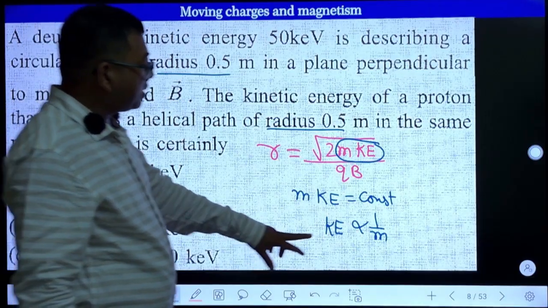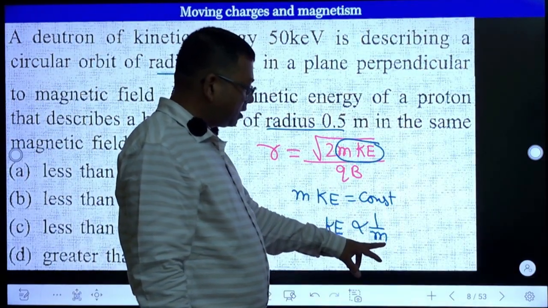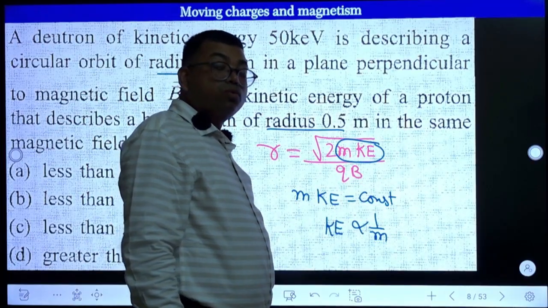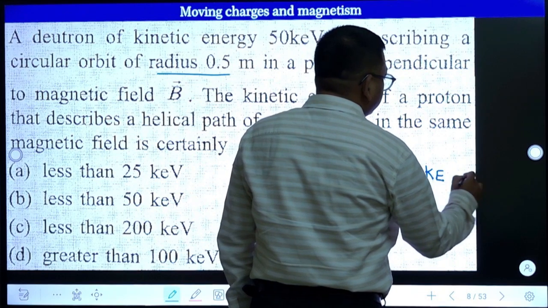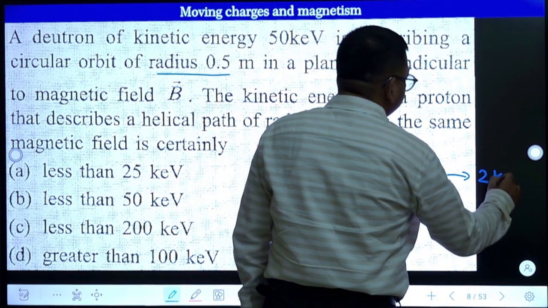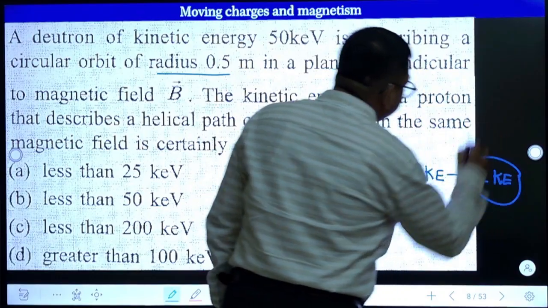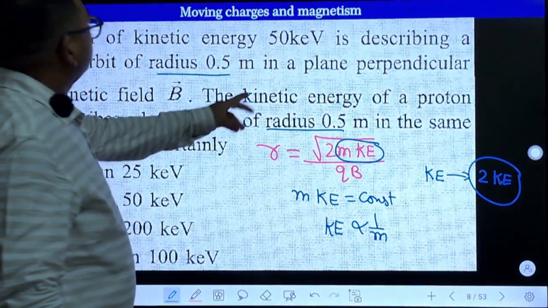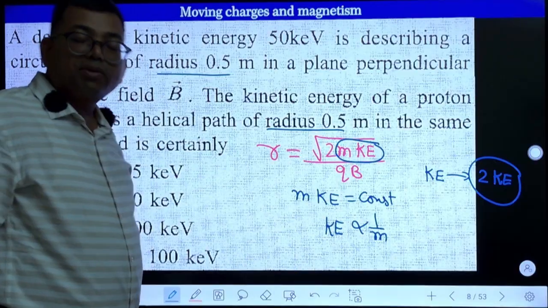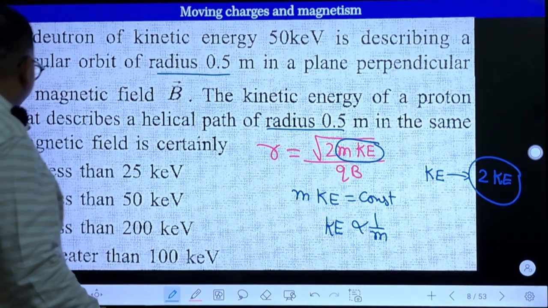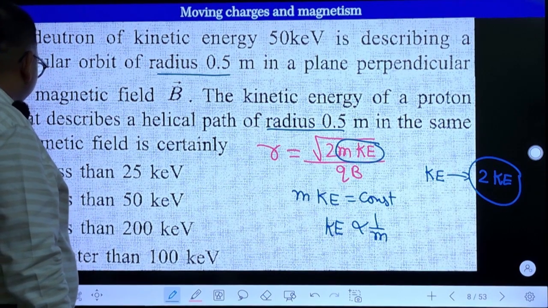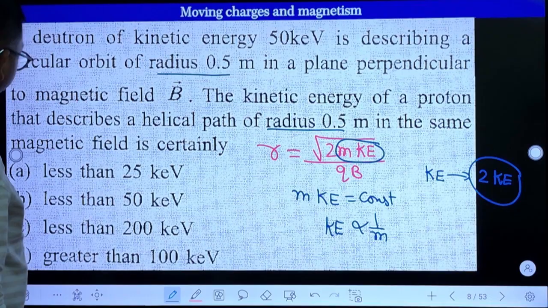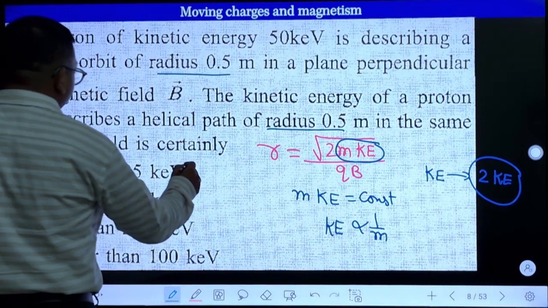Because mass has become half, this factor will become 2 times. So kinetic energy will become 2 times. How much was it previously? 50. So 50 will become 2 times, that is 100. It will become 100. So which option can you choose? Less than 25? No.